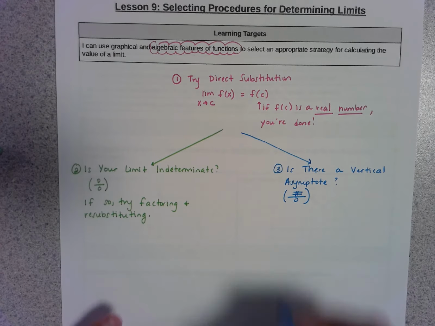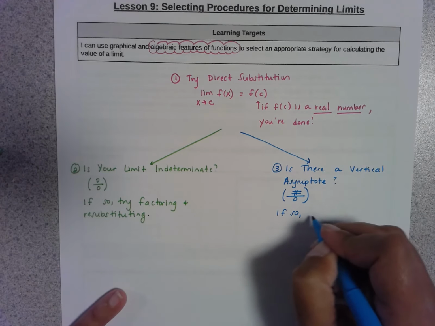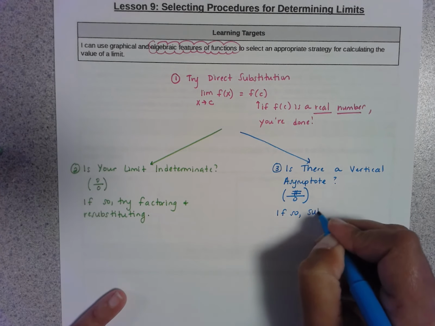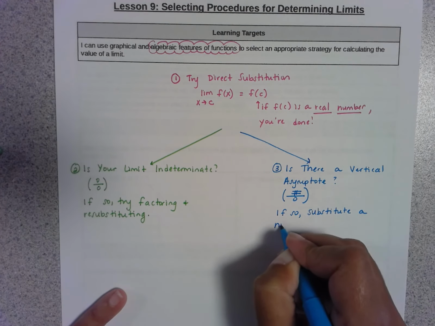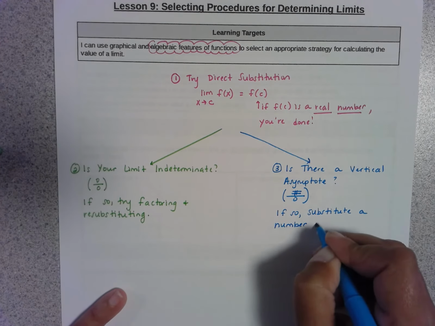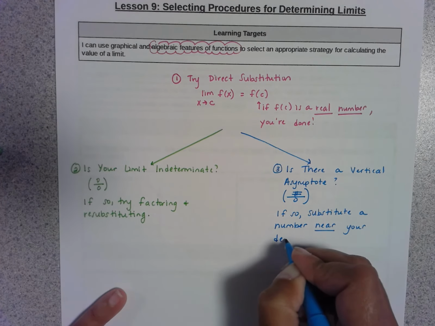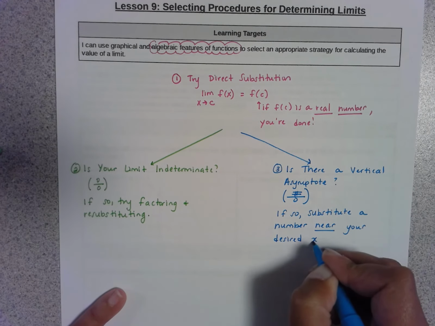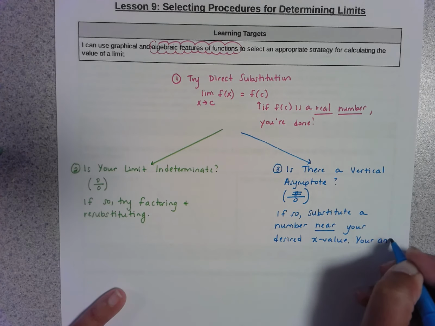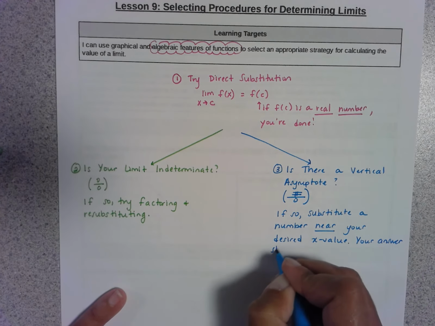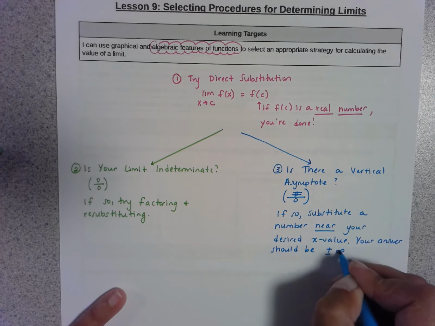If you get a number divided by 0, then you should substitute a number near your desired x value, and your answer should be either positive or negative infinity.